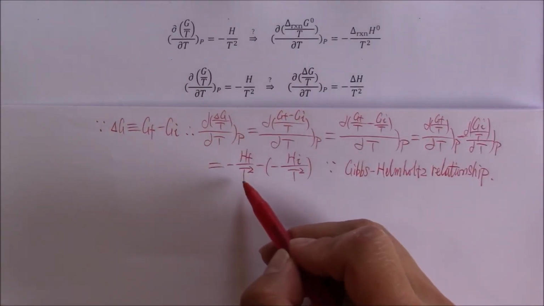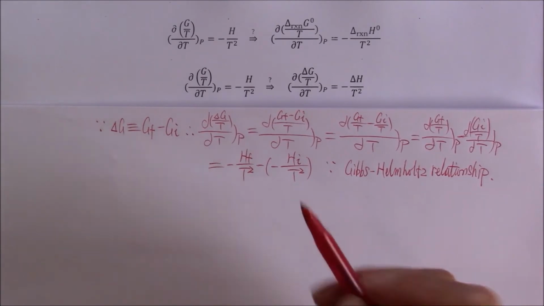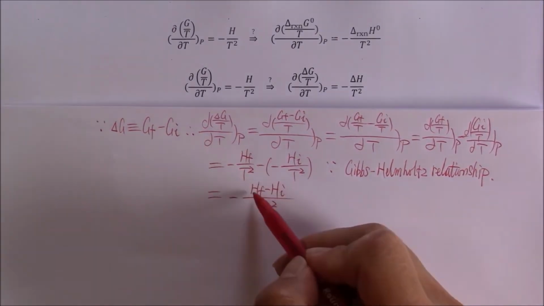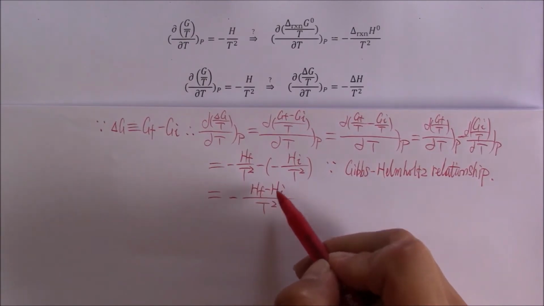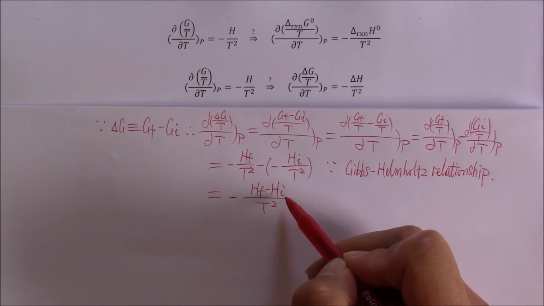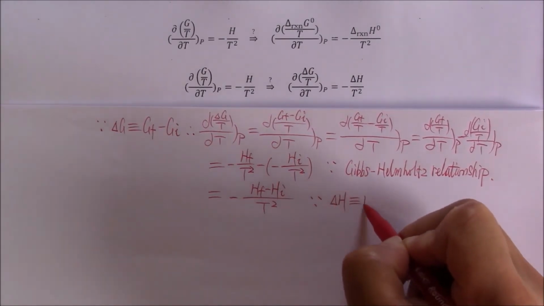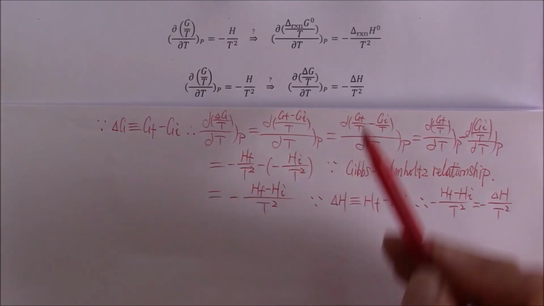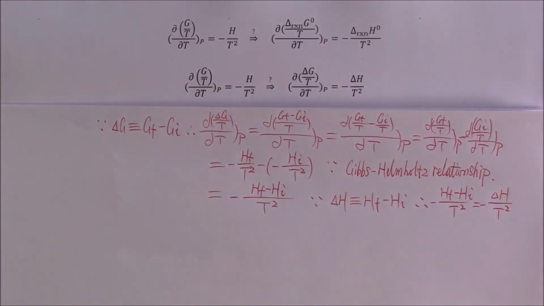They have the same common denominator. We can combine this into one term. The enthalpy of the final state minus the enthalpy of the initial state is defined as delta H. Then we can prove the second relationship is true.